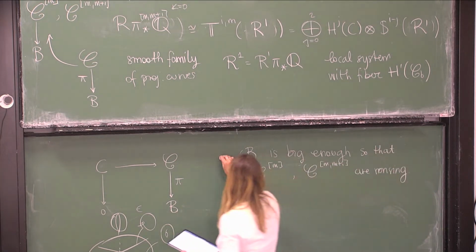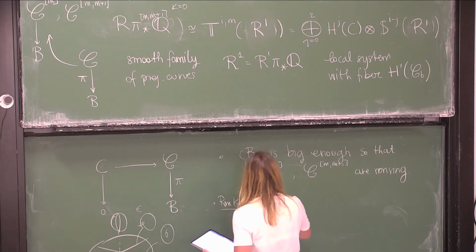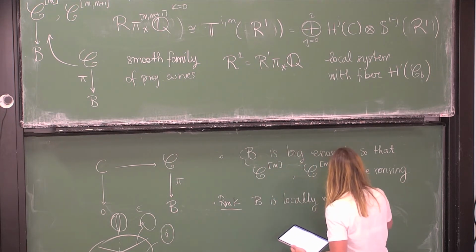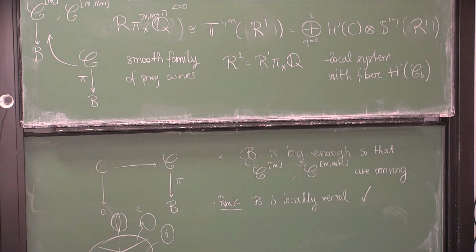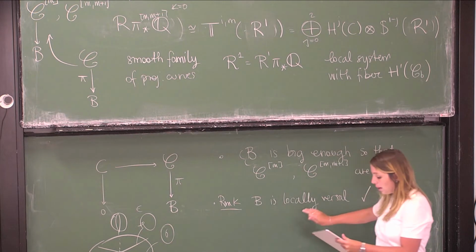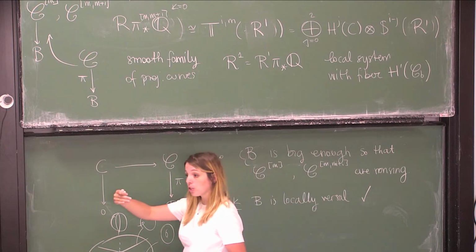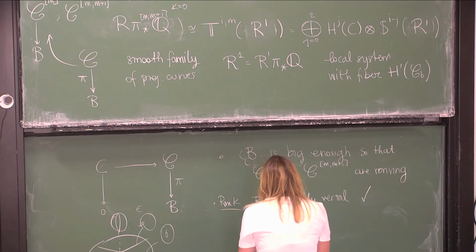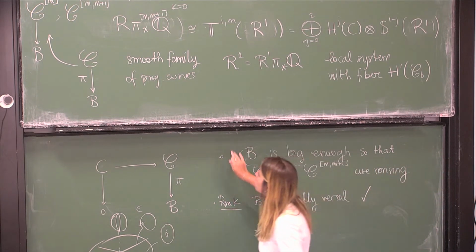For example, this can be done when B is what we call locally versal. Instead of writing a precise definition, let me say in words what locally versal means. Locally versal means that I have a deformation of C which induces a versal deformation of all the singularities of C.